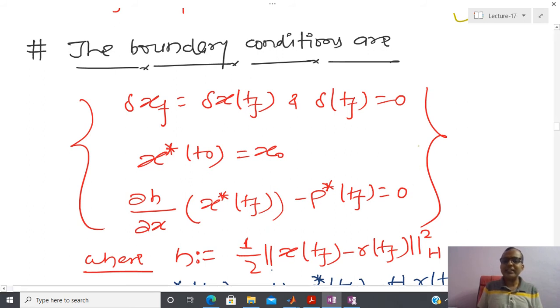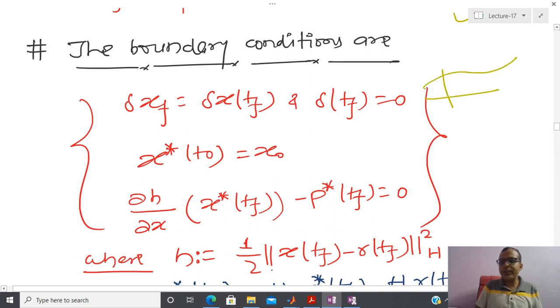And here you can see that I am assuming that tf is fixed. Due to that, the variation with respect to tf is equal to 0, but x(tf) I have to just maintain in the close vicinity. That is our statement of the problem.